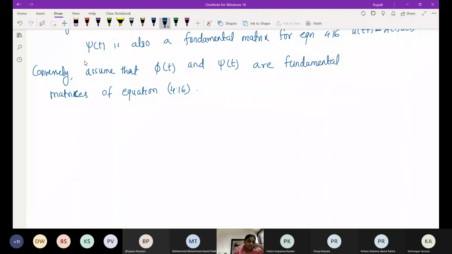I want to show that psi t is equal to c times phi t, where c is a non-singular matrix. So how can I say it? For some integer t0, let us define capital C is equal to phi inverse of t0 psi of t0. This is C, phi inverse of t0 psi at t0.